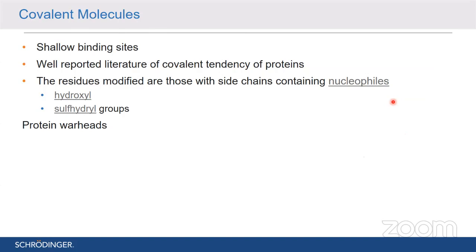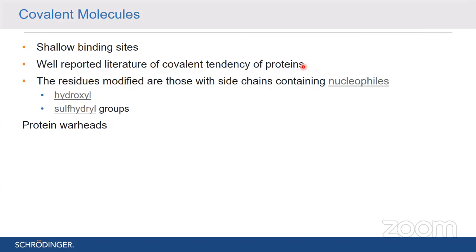When it comes to covalent molecules, they are majorly available with shallow binding sites. A receptor has hydrophobic or druggable binding sites, and there is another receptor binding site, that is the shallow binding site. And please keep in mind, with covalent binding you can't just decide one day, okay, I will get a covalent binder for this receptor.